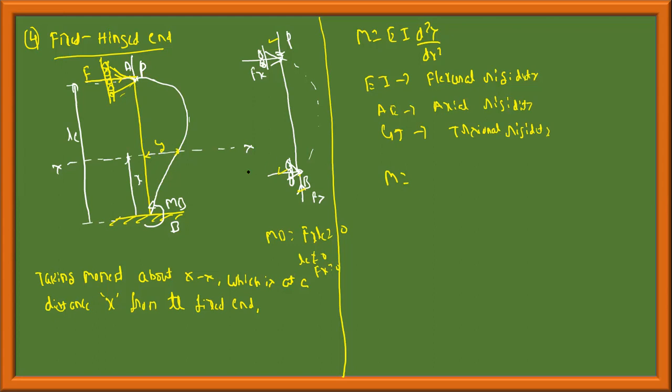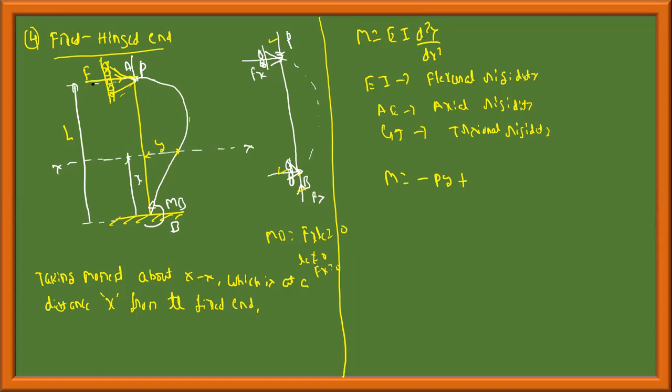If you observe the sign convention, this is negative bending, so minus P into y, plus this force F into this distance. The entire length is capital L, so the distance is L minus x.